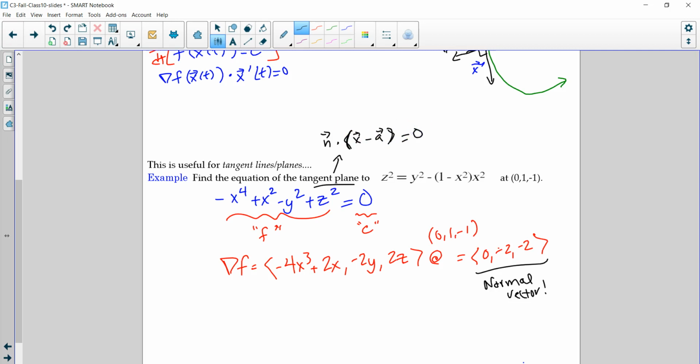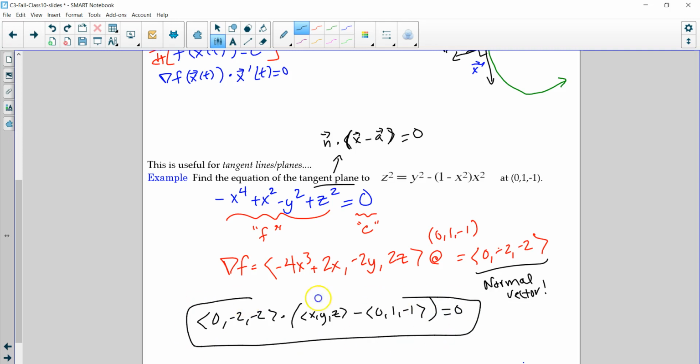So then really my answer here is going to be the vector 0, 2, minus 2, dotted with the vector x, y, z minus 0, 1, minus 1, and that is equal to 0. And that's actually going to be my answer. Yes, I can expand it if you feel so motivated. Feel free to on your own time.